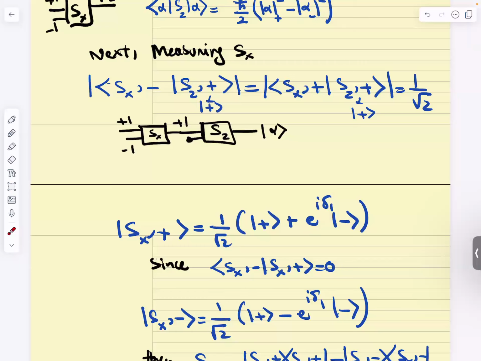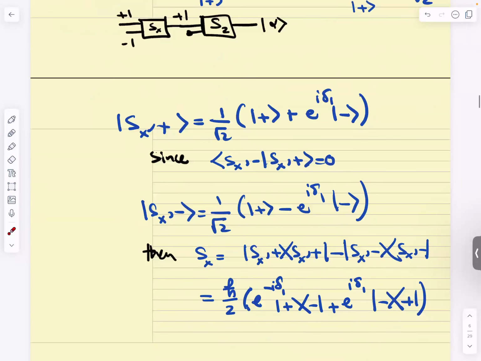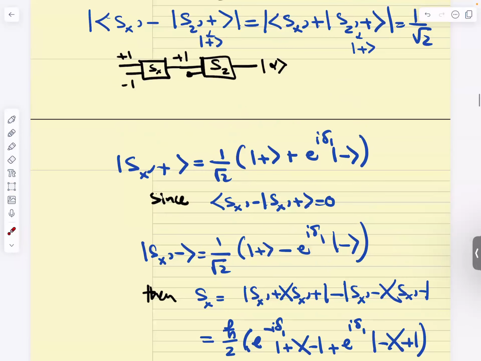For those of you who are very comfortable with linear algebra, this is nothing but rotation. This is really nothing but rotation in the complex plane. And of course, this equation is reminding you that the eigenvectors of Sx are orthonormal. So Sx minus also has to have the same form.